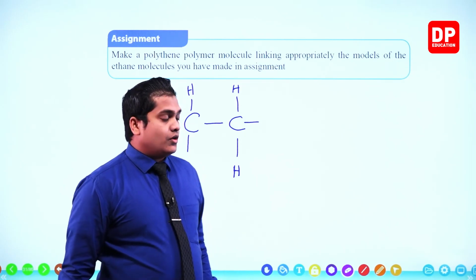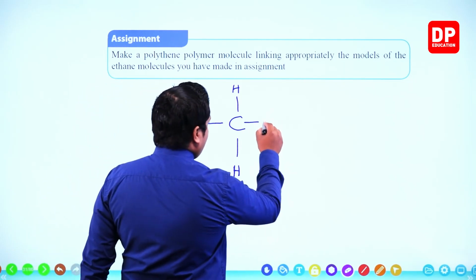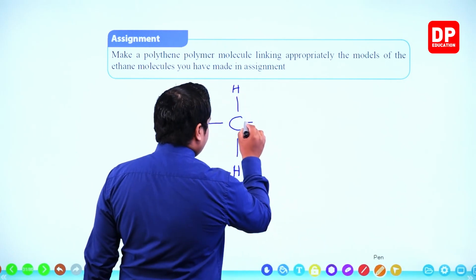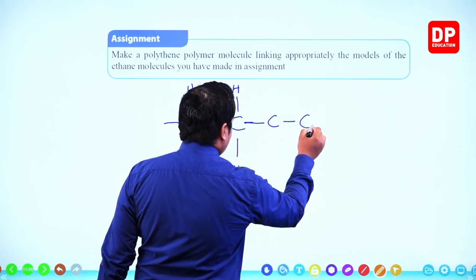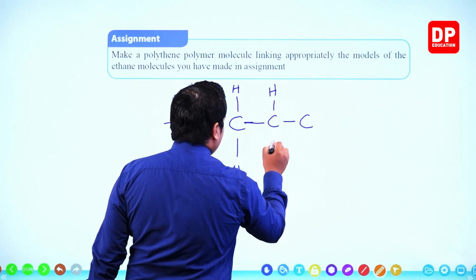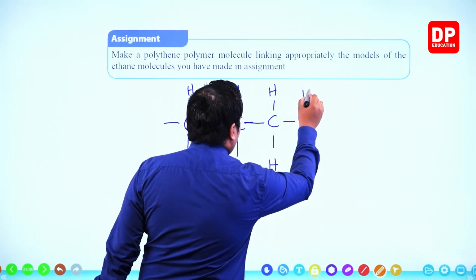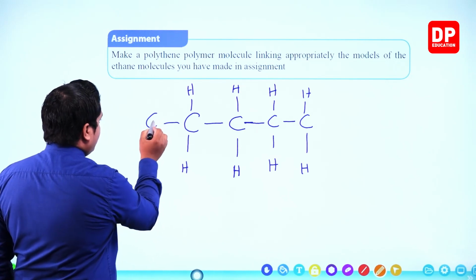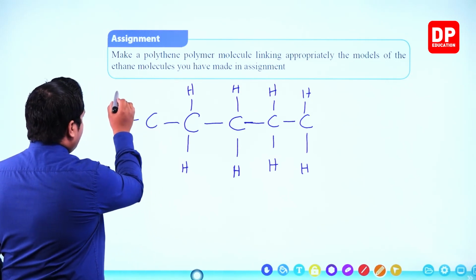Okay, so like this, you take another two, 1, 2, then do the bonding. Then for here also you take another two, 1, 2, then do the bonding.